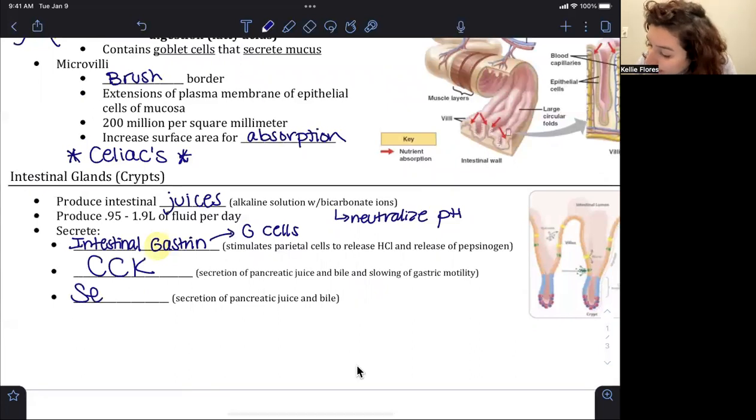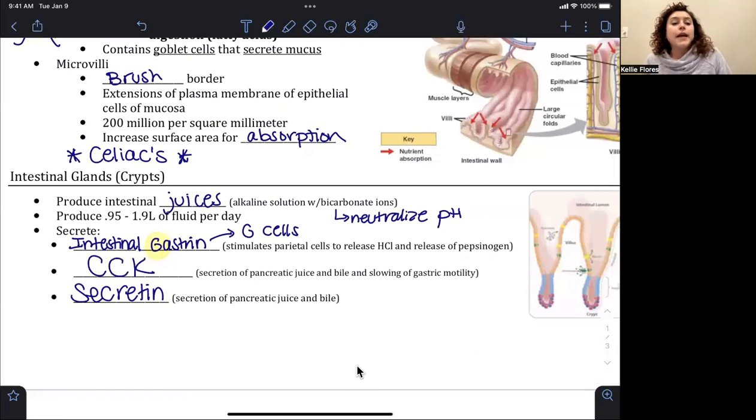Lastly, in the intestinal glands, secretin is produced. And so that is going to help us promote the secretion of pancreatic juice and bile, thus helping bring back the pH and promoting bicarbonate ion release.